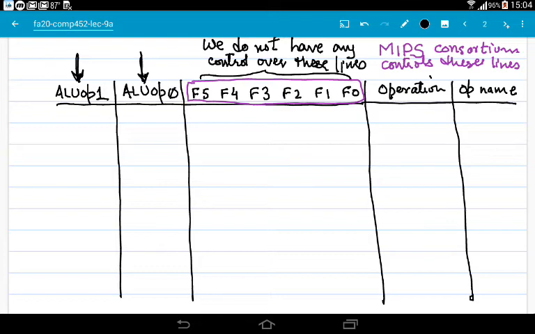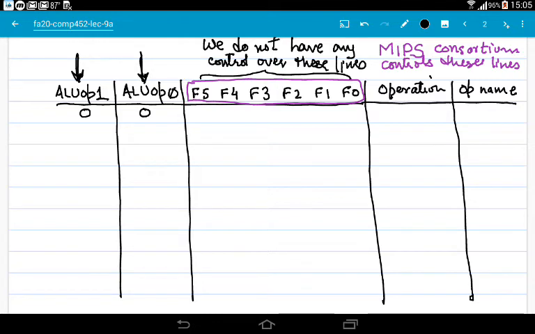So let's say that if we have to perform addition operation for load word and store word, then we will set both of these lines to 0.